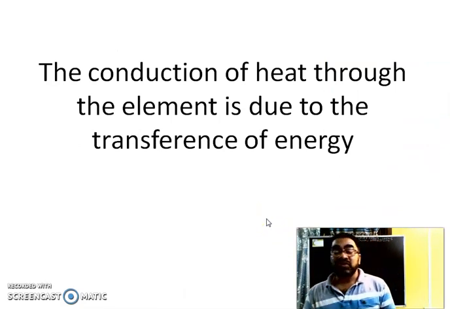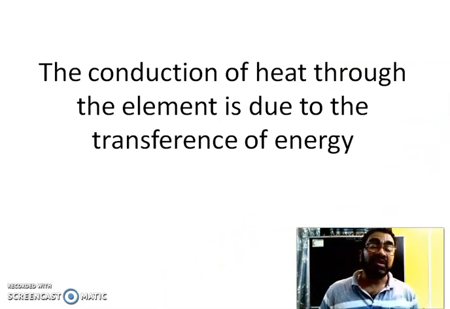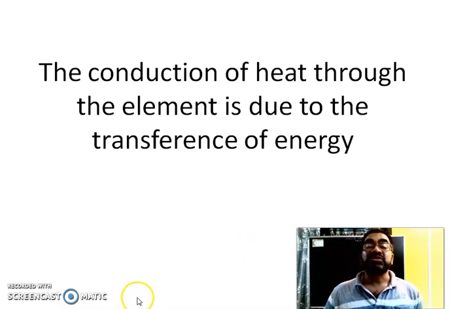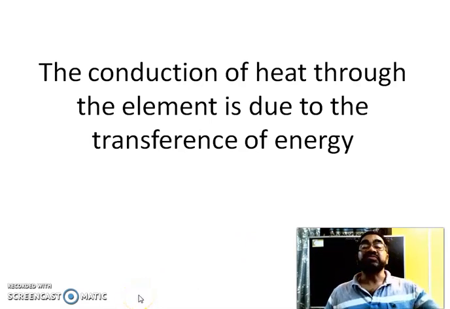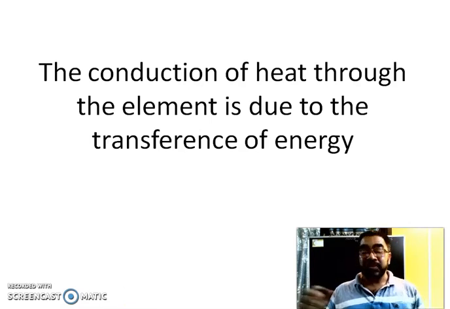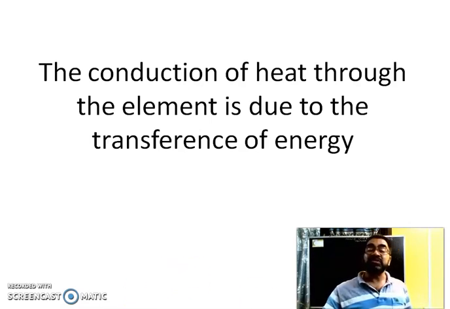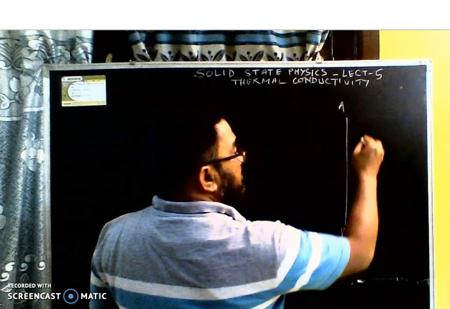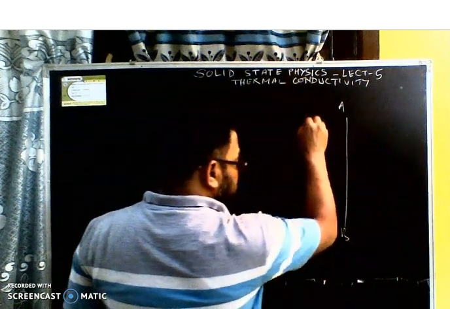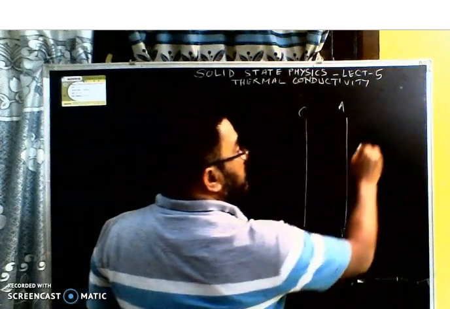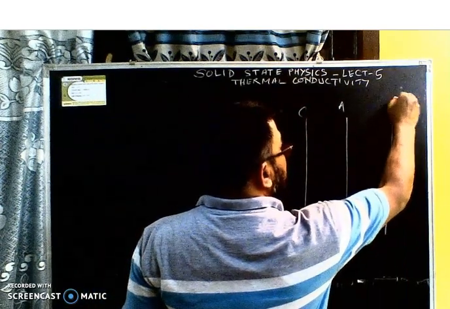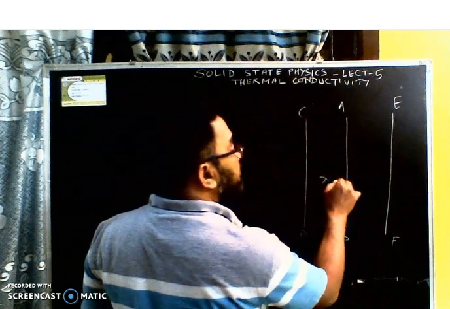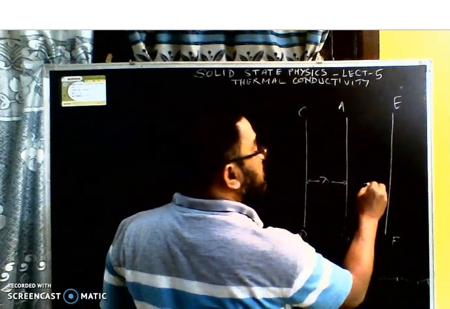Now, one important point should be noted: the conduction of heat through the element is due to the transference of energy. So let us see how it transfers from one side to the other. Let AB be a conductor, and CD is here, EF is here, and lambda is the mean free path.